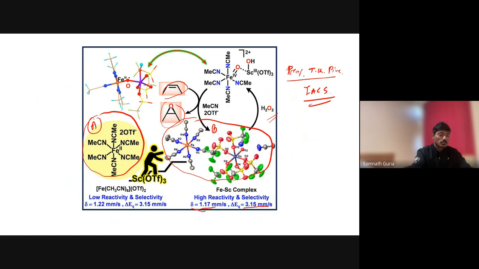This is in a less positive direction because of the Lewis acid interaction of the scandium complex, and that reflects on the Mossbauer spectroscopy, where the delta value shifts in a more negative direction because of the Lewis acidity of the scandium. Okay, this is one example.